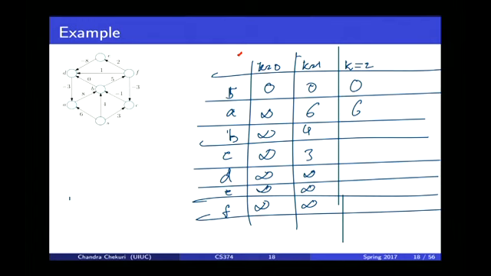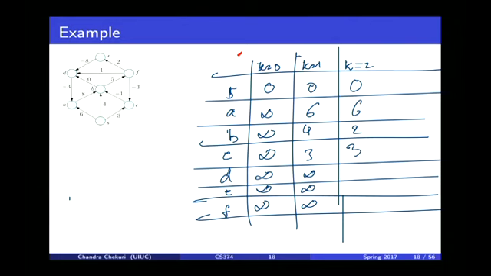So it is 2. What about C? Well, it doesn't change, so you get 3. For D, let's see. For D, what is it now?